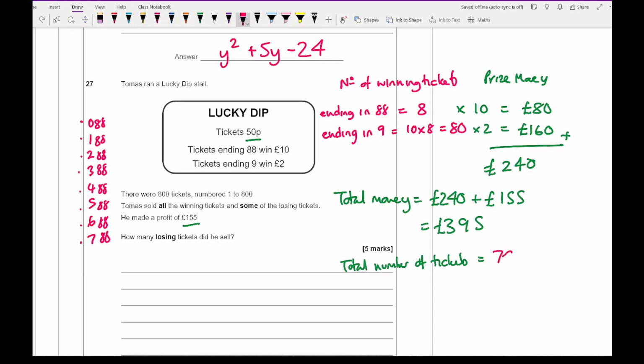So 790 tickets, and that's how I got 17.